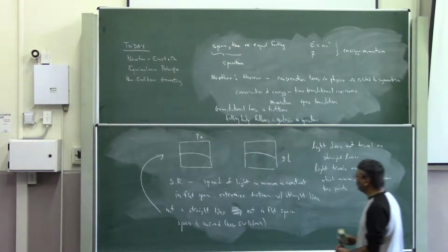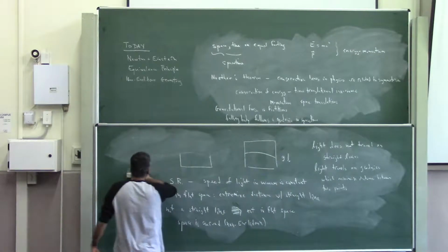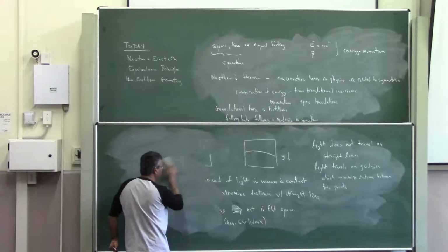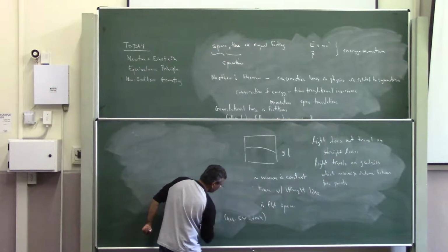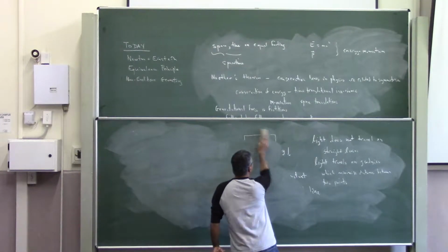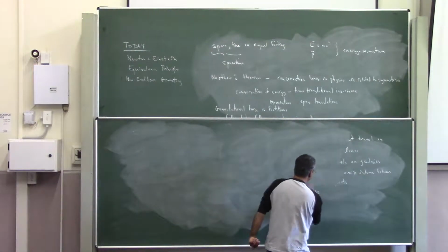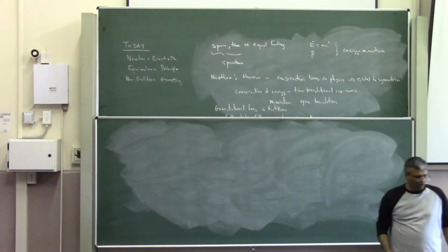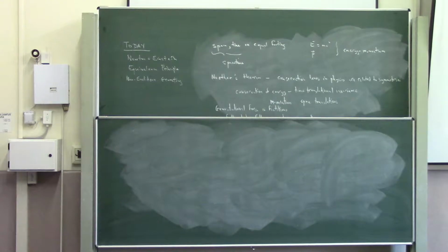So the difference between Newton and Einstein, aside from their living centuries apart, is that they conceive gravity differently. So Newton was working in a context where there's an absolute space and an absolute time.